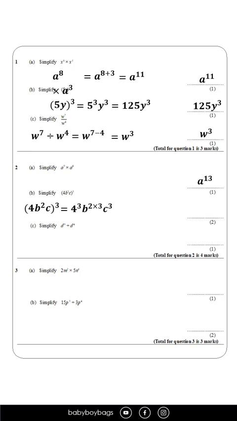Whenever a power is being raised to another power, we multiply the powers. For 4 cubed, it's 4 times 4, 16. 16 times 4 is how much? 64. And for b squared, the powers multiply, which means 2 times 3, it's 6. Therefore, we get b to the power 6. And then c being cubed remains as c being cubed, and that is our final answer.